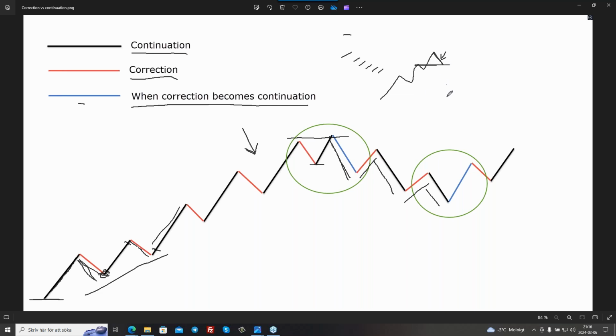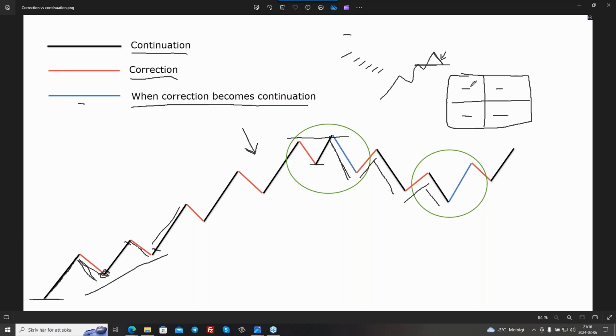So therefore you can never ever trade one single time frame in isolation. You need to have at least a screen where you have 4 charts. The upper part of the chart is your higher time frame. The lower part is your entry time frame.